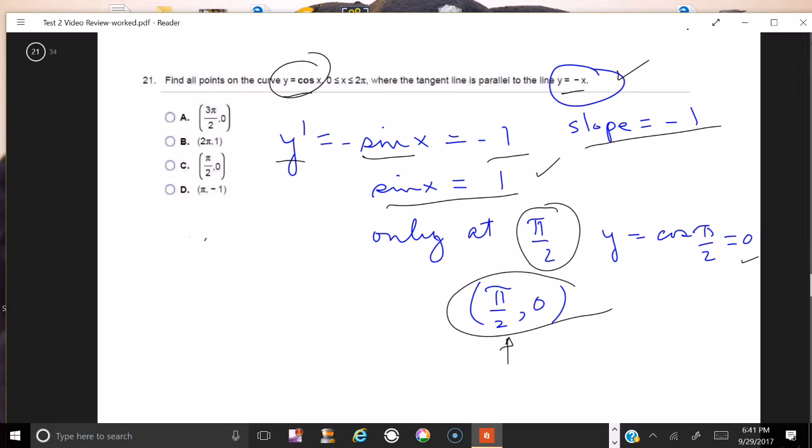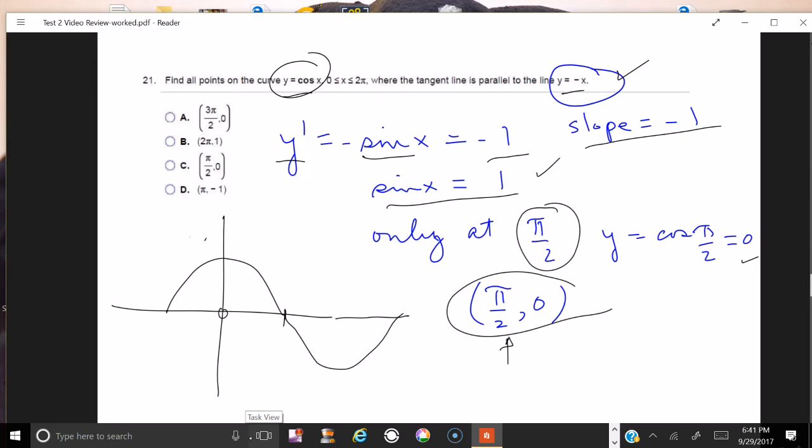And if I could draw this, I'm going to draw cosine of x. This is 0, pi over 2, pi, and this is 2 pi.